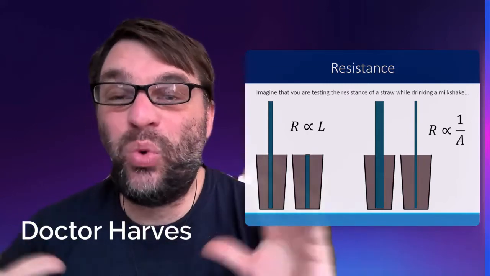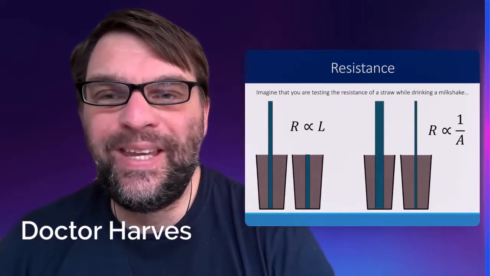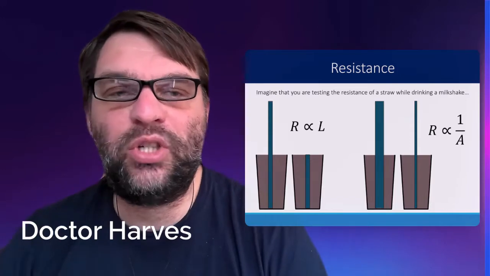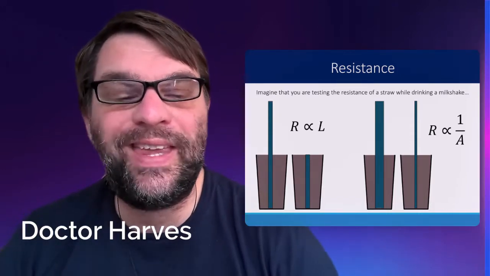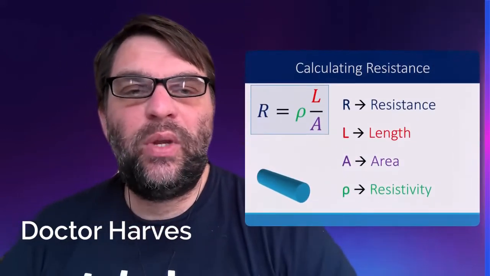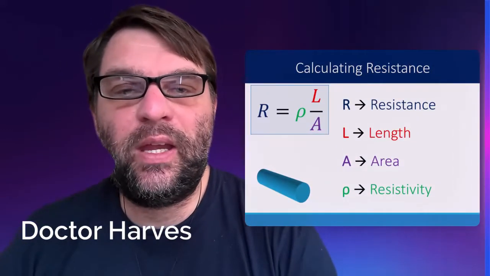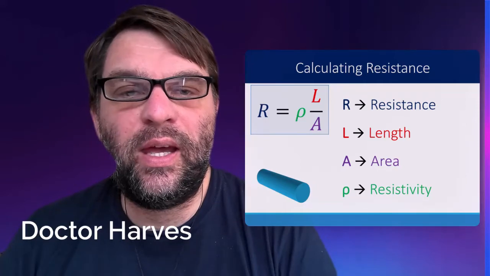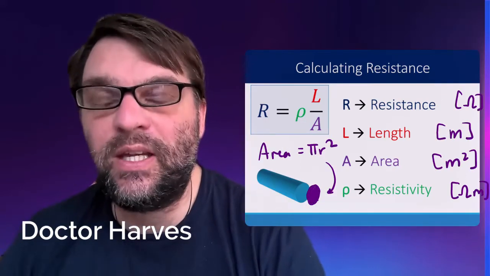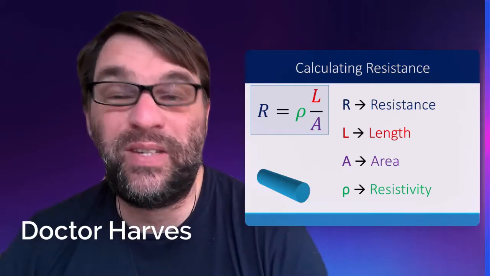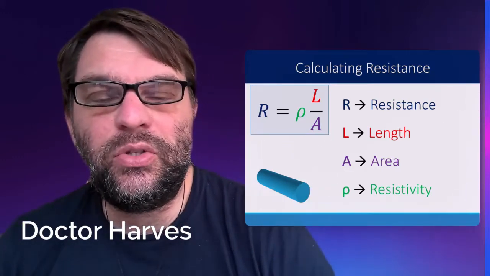If you increase the width of your straw, it'll be easier to suck that milkshake up, so resistance is proportional to 1 over the area. So resistance is equal to resistivity times the length over the area. The resistivity essentially is based on what the material is.